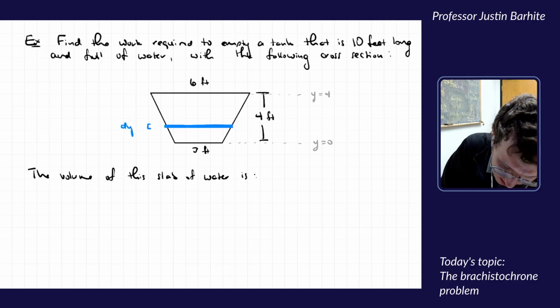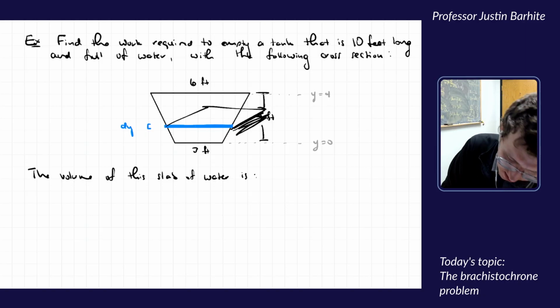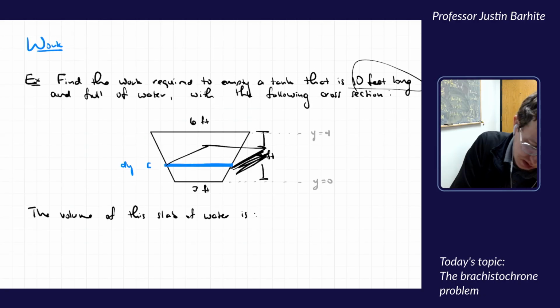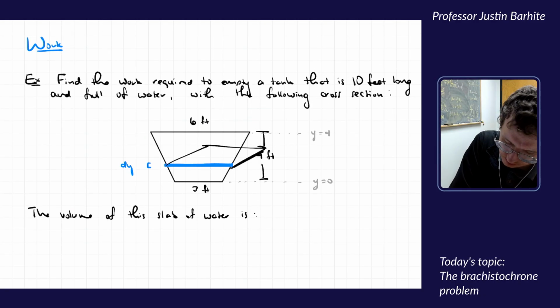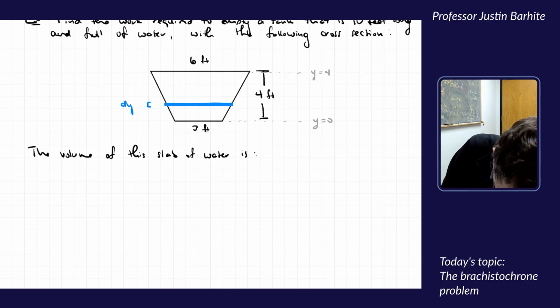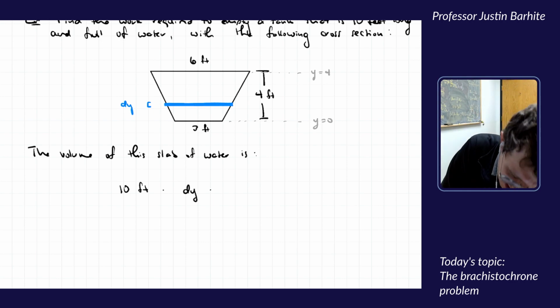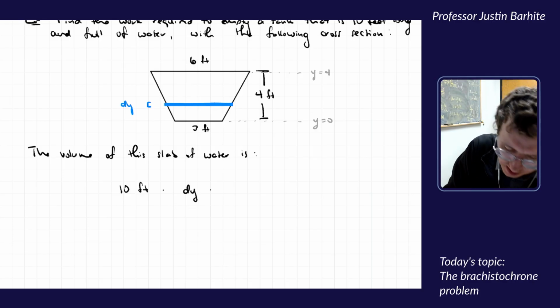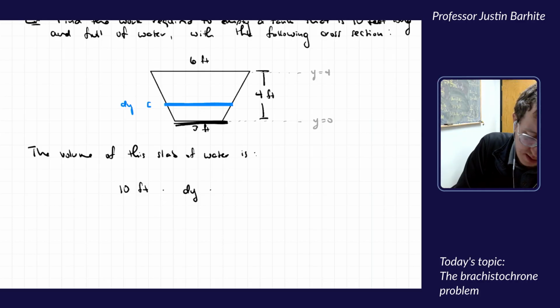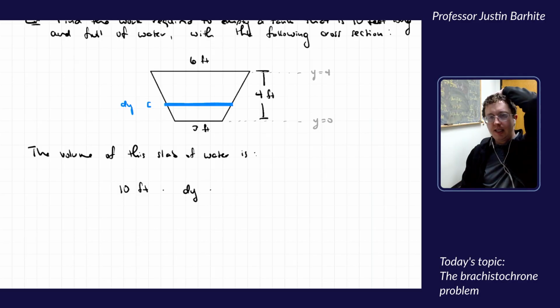But we know that the width going back into the tank is 10 feet because we're told the tank is 10 feet long. And then the height is dy, but it's this length here that takes a little bit of work to figure out. Because when y is 0, the width is 3 feet, but when y is 4, the width is 6.